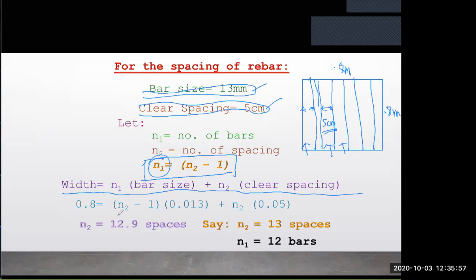So we need to determine N2, which is now the number of bars in the grit chamber. So N2, if we have computed it properly, will now give you 12.9 spaces, or that will now give you 12 bars. So pagka meron kang 13 spaces here, class, it follows that you should have N minus 1, that is 12 bars. Okay?